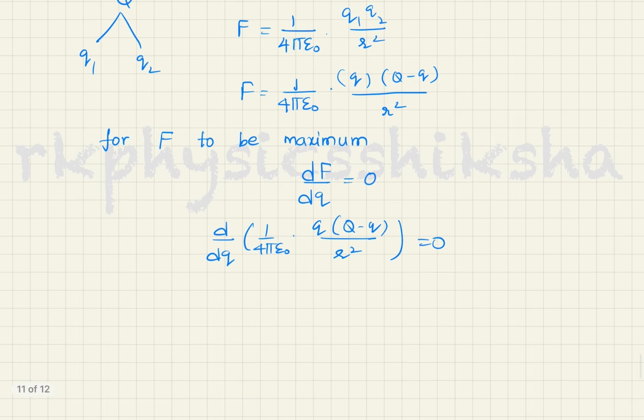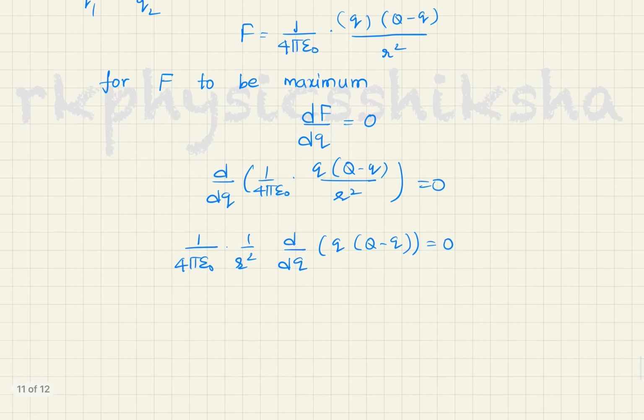From this I can take 1 by 4 pi epsilon naught and 1 by r square common. So what I get is 1 by 4 pi epsilon naught into 1 by r square into d by dq of q into (Q minus q), which is equal to 0.